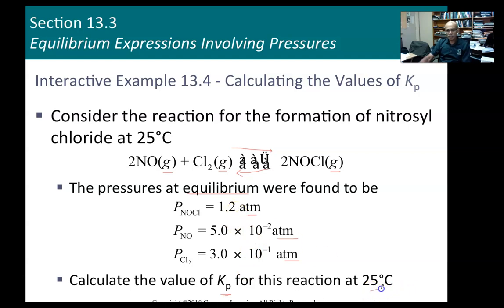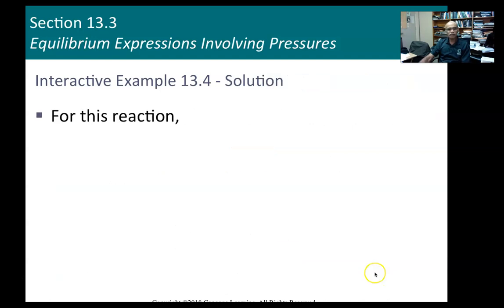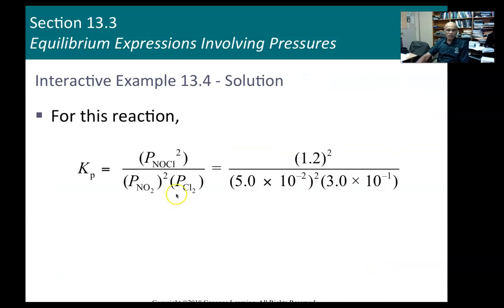So again, at any temperature, this K should be constant. So in other words, if it's 25, then the K value will be constant at 25. So substituting in the pressure that is given, this one will be 1.2 squared over... sorry, this squared here should be shown outside of the parentheses instead of inside, just a minor typo there.